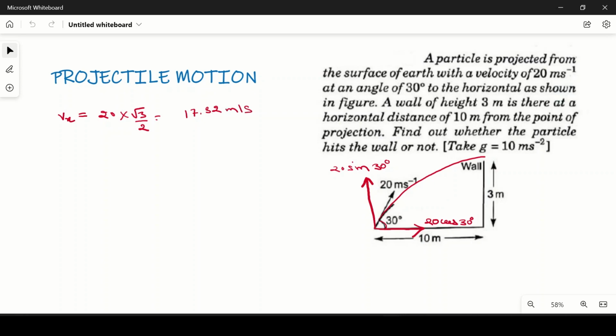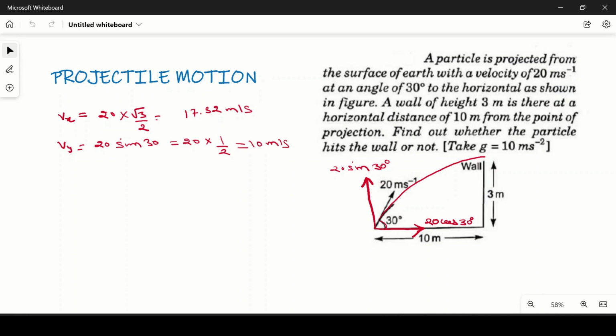So this is the horizontal velocity. And what will be the vertical velocity? Vy is equal to 20 sine theta, or 20 sine 30, which is 20 into 1 by 2, equal to 10 meter per second. I hope you understand up to here.